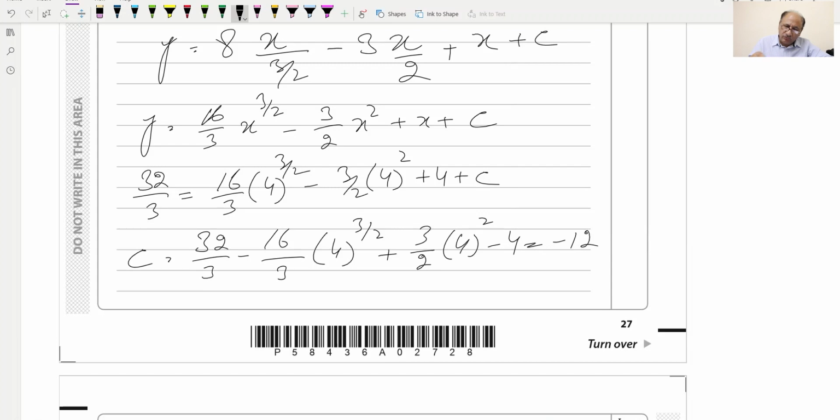So the c value we got is minus 12. So our final equation will be y is equal to 16 over 3 x raised to 3 by 2 minus 3 by 2 x squared plus x minus 12. This will be our final answer.